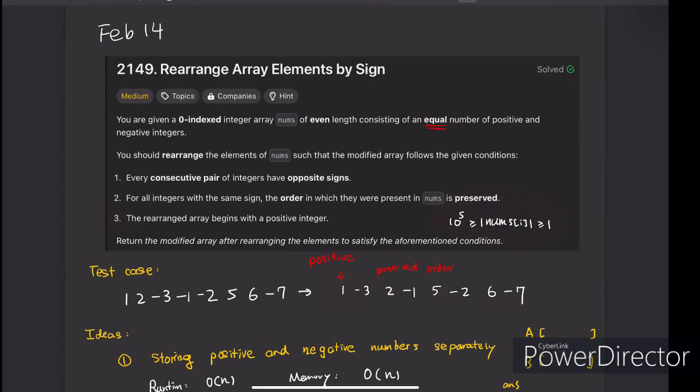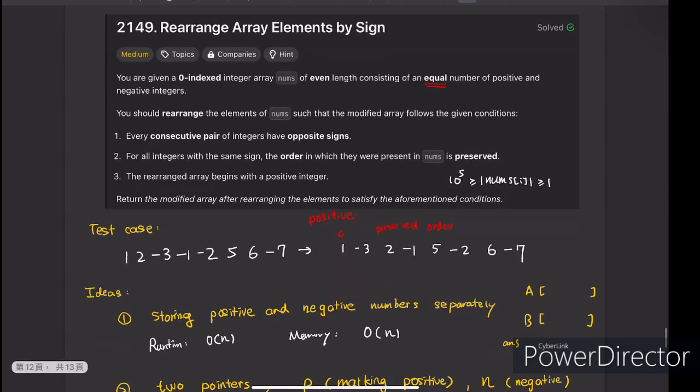Okay, let's look at some ideas. The first idea that comes to my mind is, why not just store the positive and negative integers separately? For example, we store the positive ones in A and the negative ones in B. We only need to go through the array once, so we can create these two arrays, preserving the order of each sign.